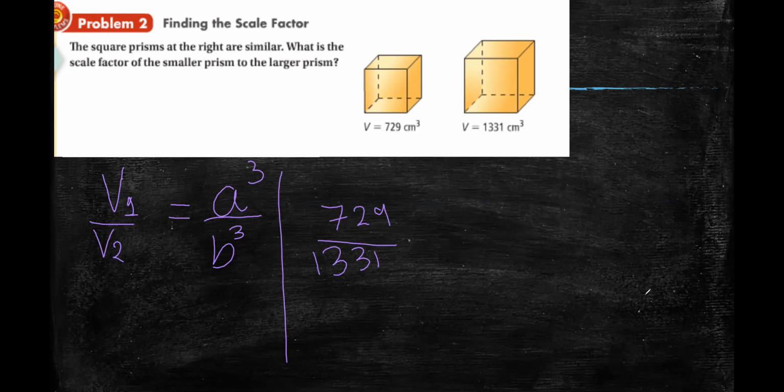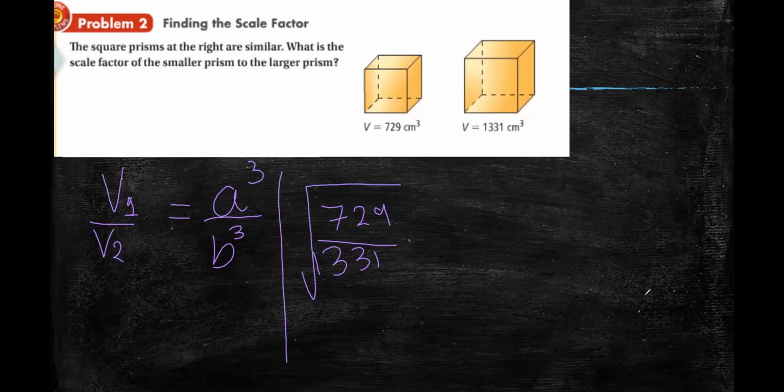Wait, let's divide it. It can't be divided, it's the simplest one. Let's do something first here. Yes, this is 729 over 1331.